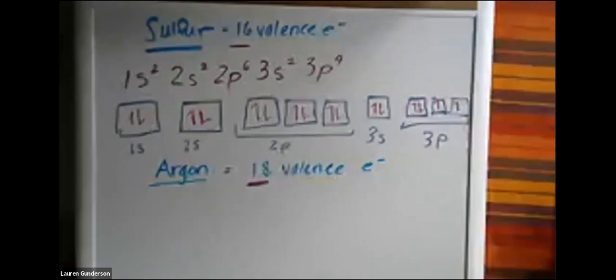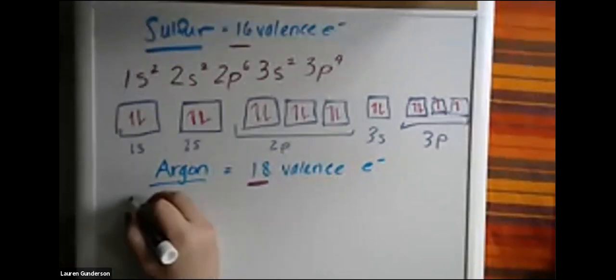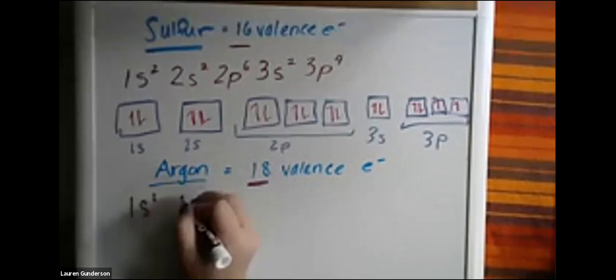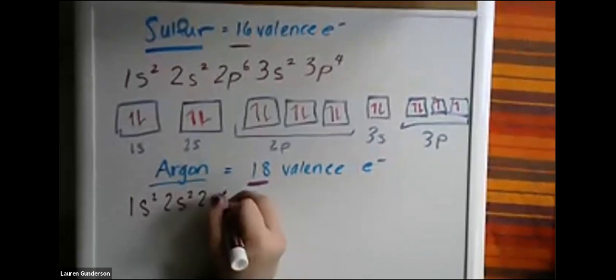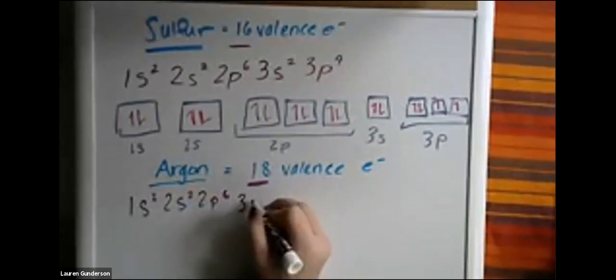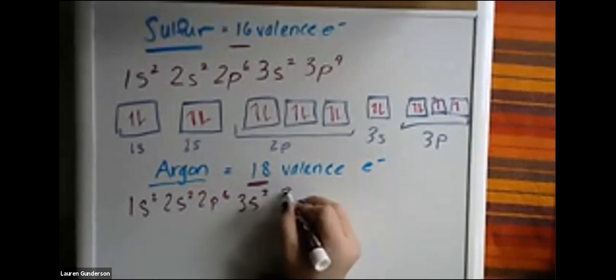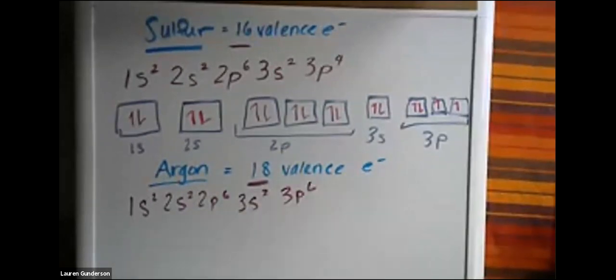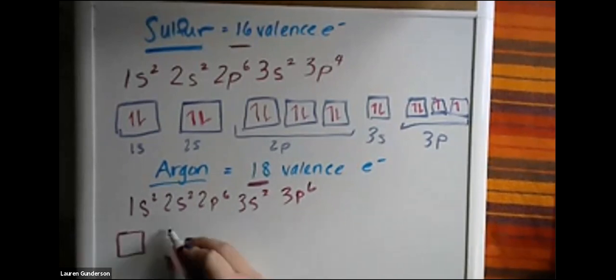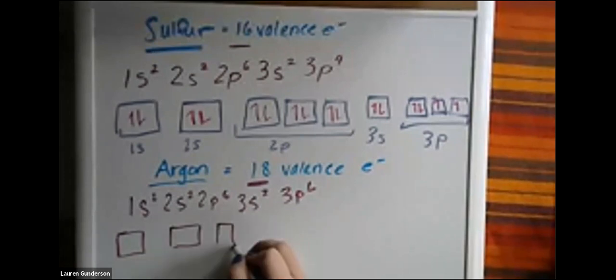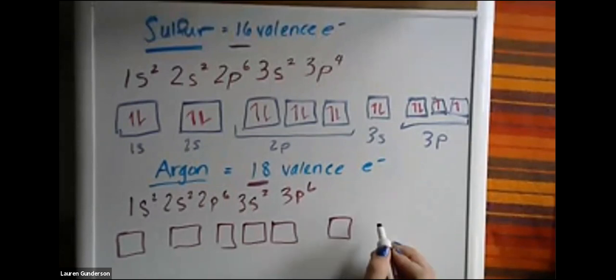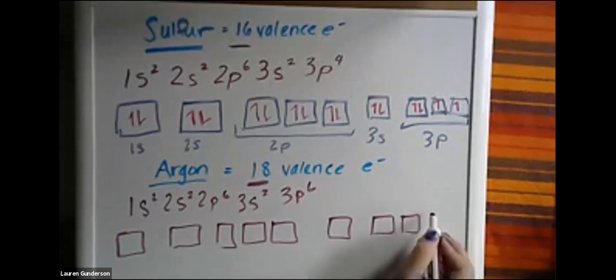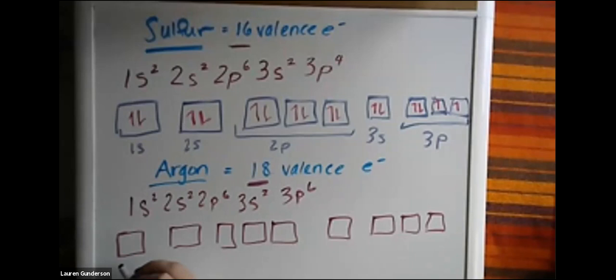Now for argon, we're going to write out the electron configuration for it. You're going to notice that it's very similar to sulfur, except it has a full 3p. We'll make these boxes smaller to start, learn from our mistakes. Okay, and now I'm going to label them.